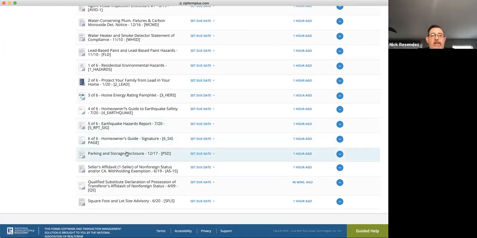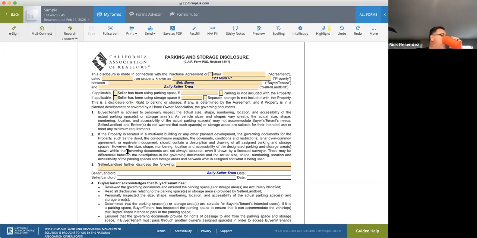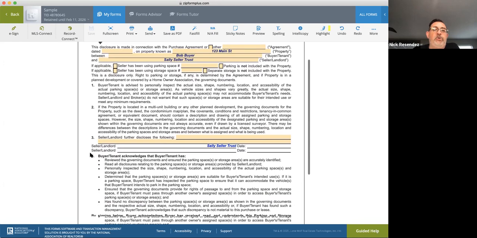We're getting close. The next one is the PSD, parking and storage disclosure. Let's take a look at this. This is normally only going to be used when we have a condo, townhome, planned unit area. And it's basically advising the buyer to personally inspect the parking spaces and any storage that is noted to come with the property in a sale.